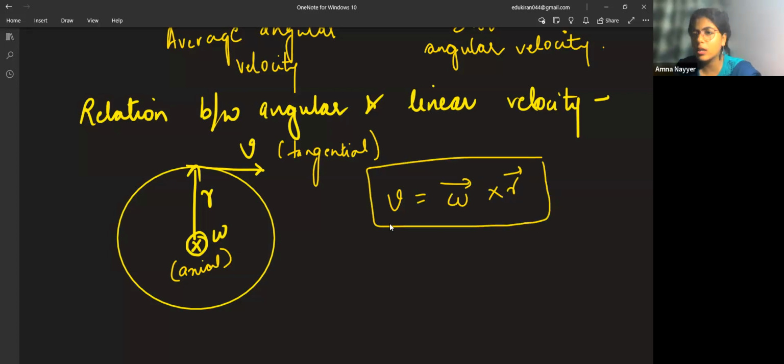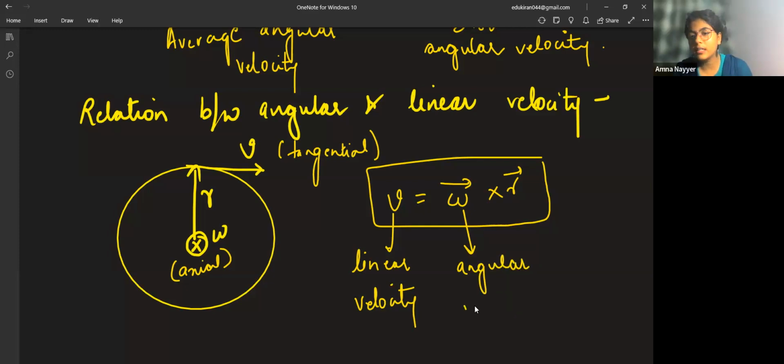Now, what are all these quantities? V is the linear velocity, this is the angular velocity, and this is the radius vector.